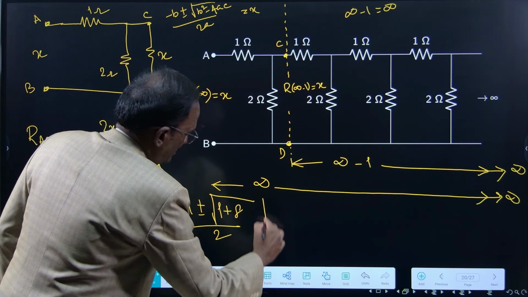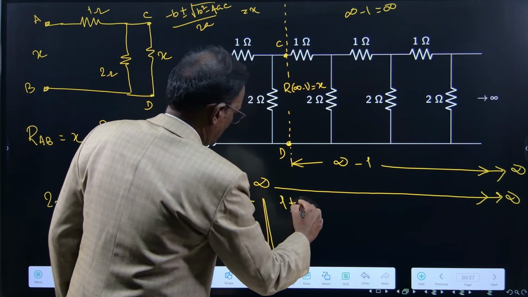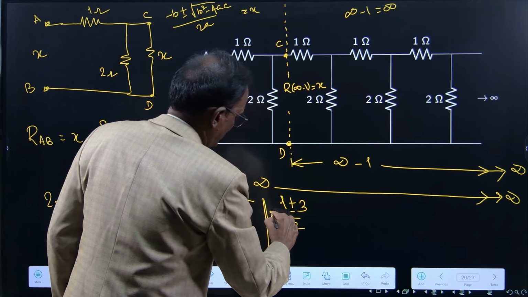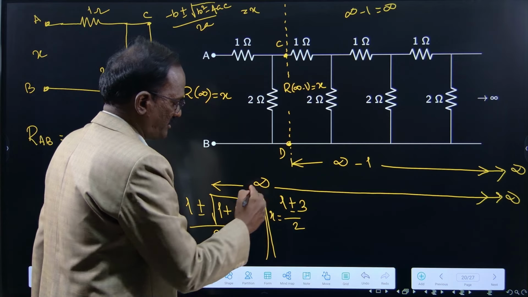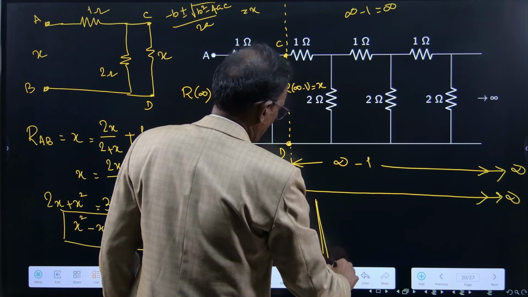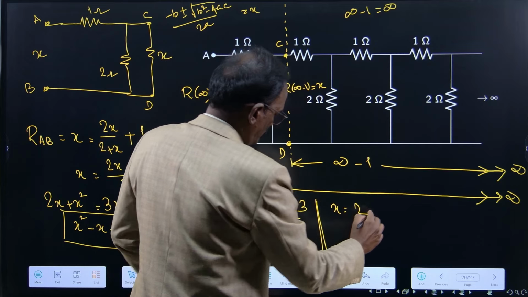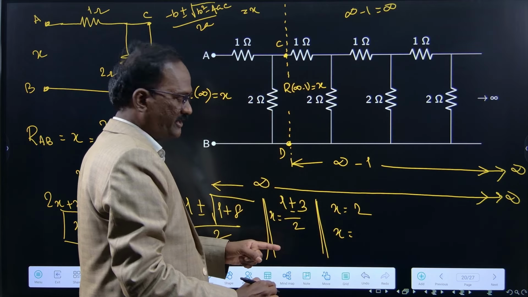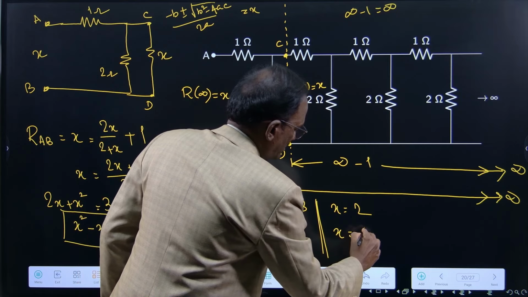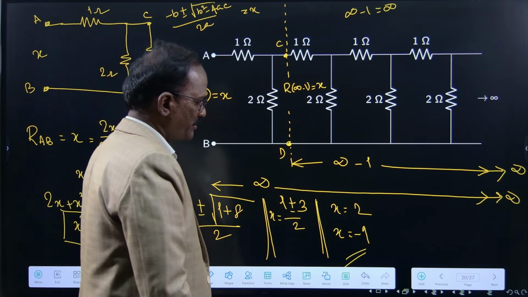So x is equal to 1 plus or minus 3 divided by 2. Two answers we can write: x is equal to 1 plus 3 by 2, that is 4 by 2, which is 2, or x is equal to 1 minus 3 by 2, that is minus 2 by 2, which is minus 1. So x can be 2 or x can be minus 1.